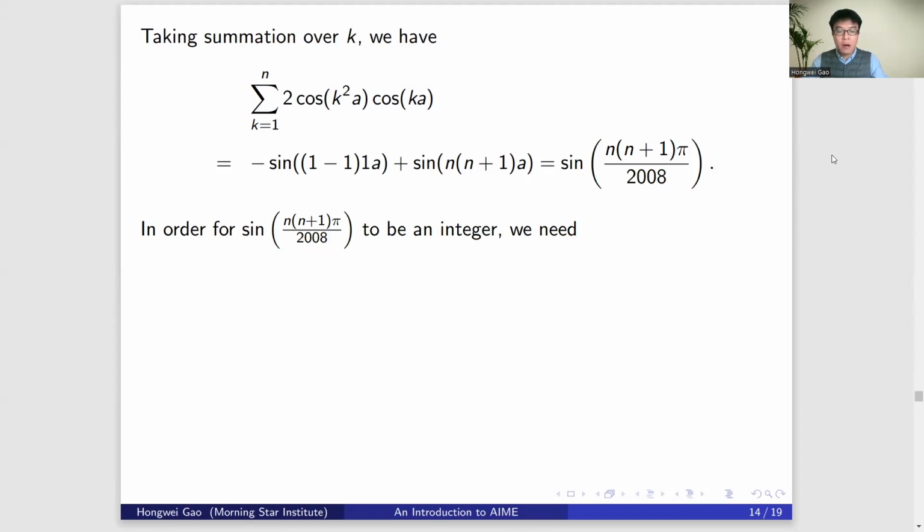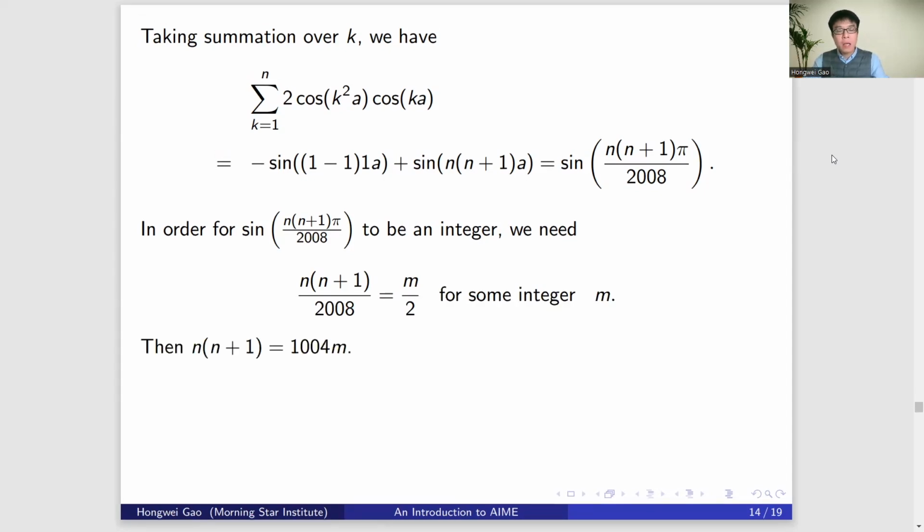Equivalently, we need the angle to be an integer multiple of pi over 2. In other words, n times (n plus 1) over 2008 must be equal to m over 2 for some integer m. Following that, we have n times (n plus 1) equals 1004 times m. In other words, the only requirement is that n times (n plus 1) is divisible by 1004.